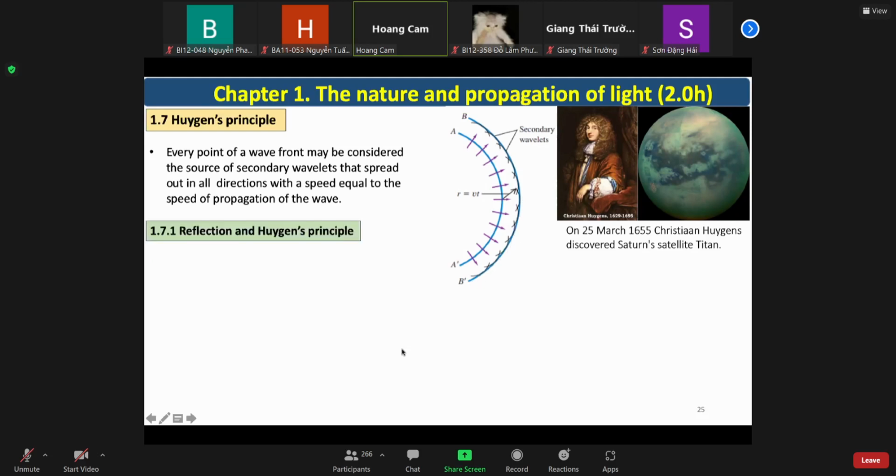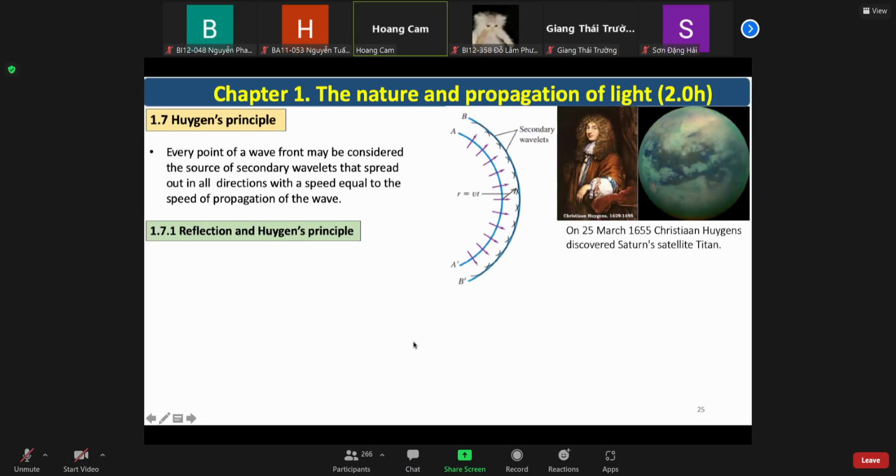So this is the wave concept of light, and the Huygens principle can be used to explain reflection as well as refraction. Reflection and refraction are very obvious for us now. However, in the 17th century, they were trying to analyze how it happens.